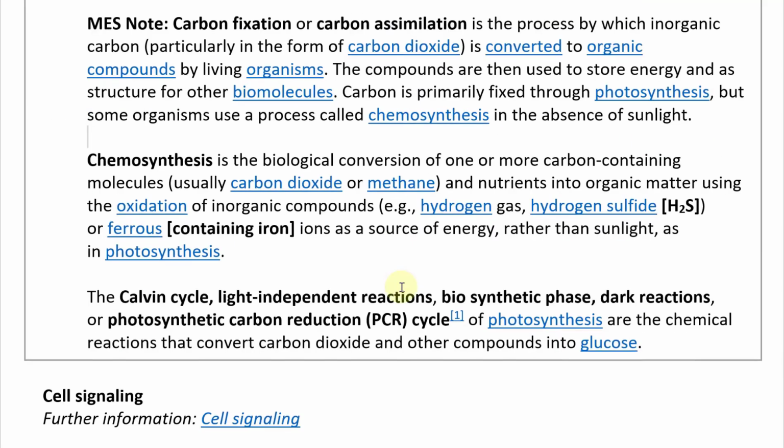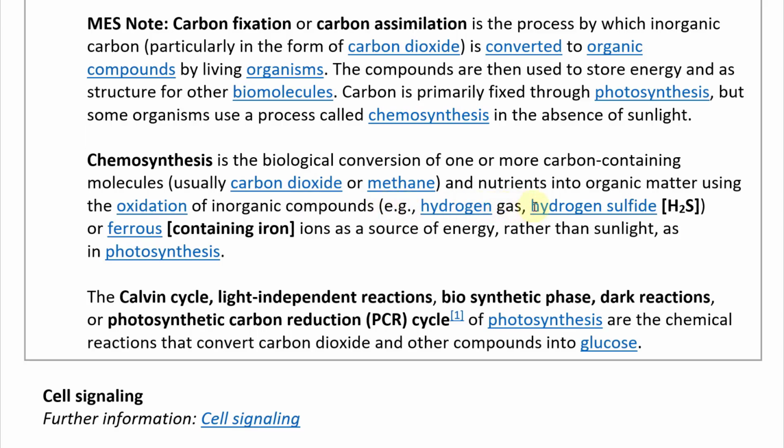And let's just quickly discuss chemosynthesis. So chemosynthesis is the biological conversion of one or more carbon-containing molecules, usually carbon dioxide or methane, and nutrients into organic matter using the oxidation of inorganic compounds. Yeah, so taking electrons from these to increase their oxidation state.